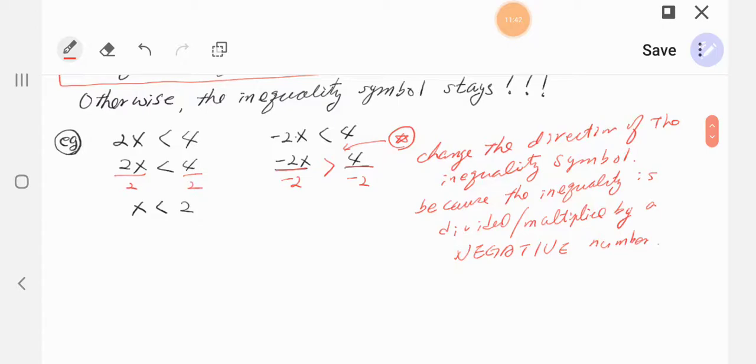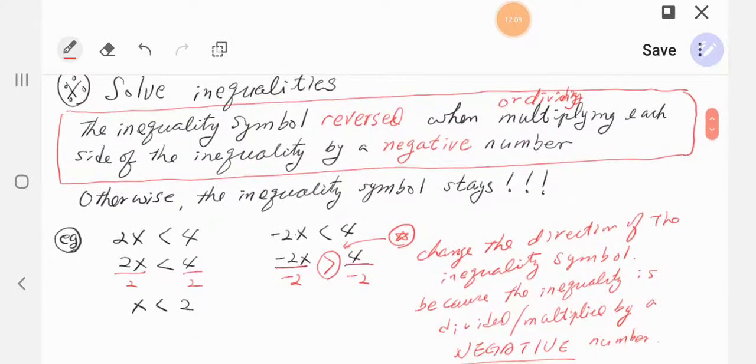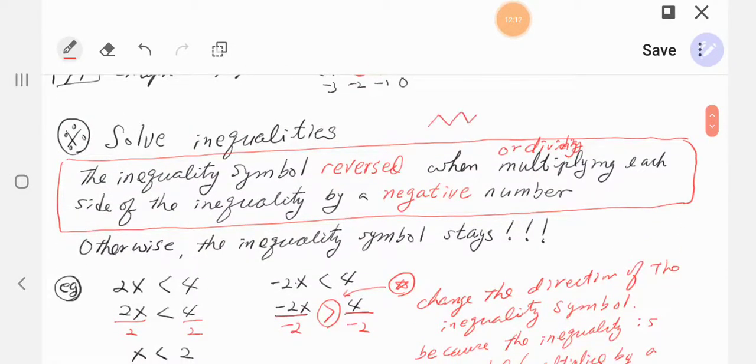When you add, subtract, or multiply by a positive number or divide by a positive number, the inequality symbol stays. Only when you divide or multiply by a negative number, you change the direction of this symbol. Always. I will give this 1, 2, 3, 4, 5 stars. Really important.